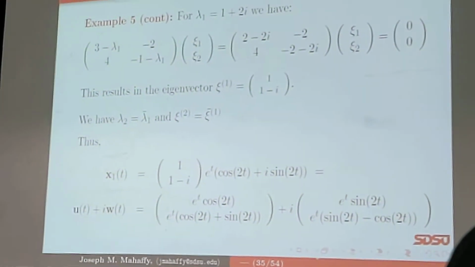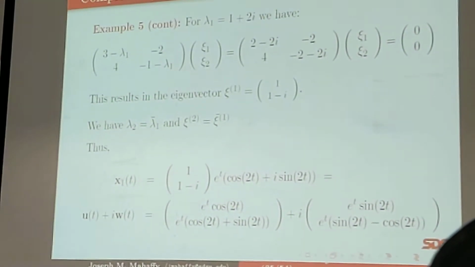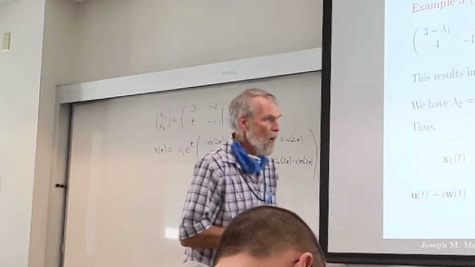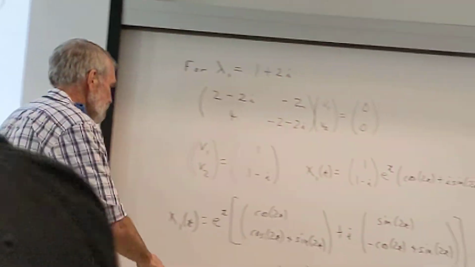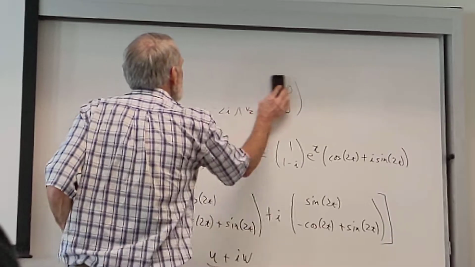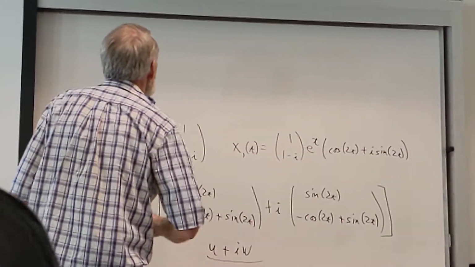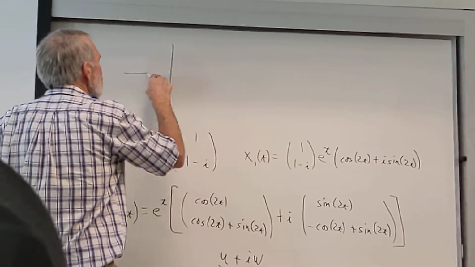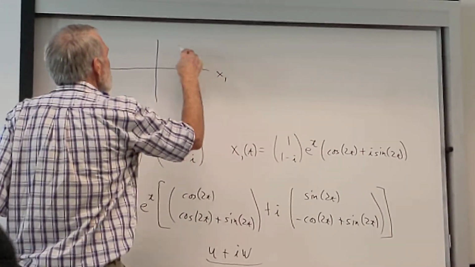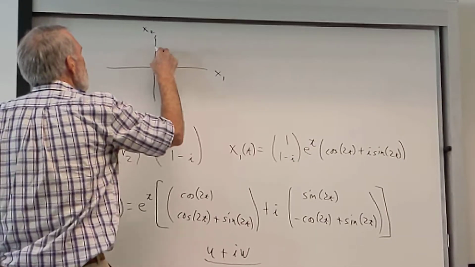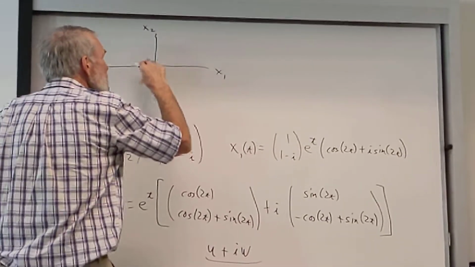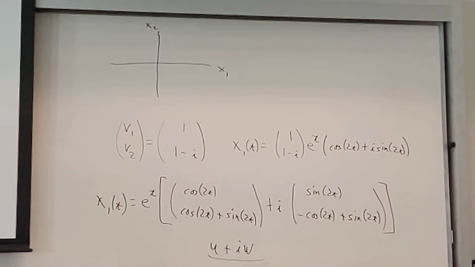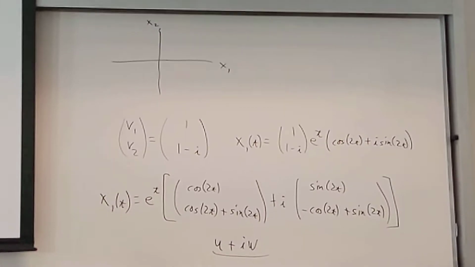Now I'll give you what I consider the easiest way to figure this one out. I'll do it at the top so people can see it easily. So I'm going to draw this phase portrait: x1, here's my x2. We know it's spiraling out, we just don't know whether it's spiraling out in the clockwise or the counterclockwise direction.